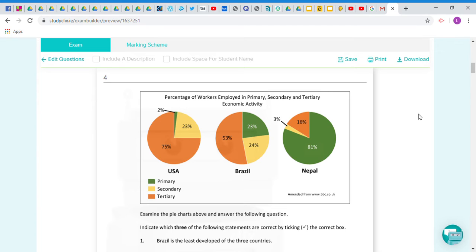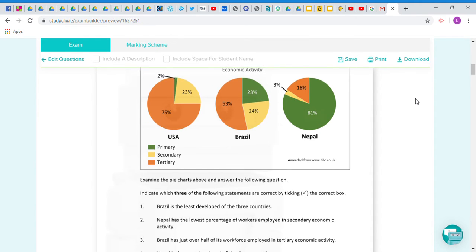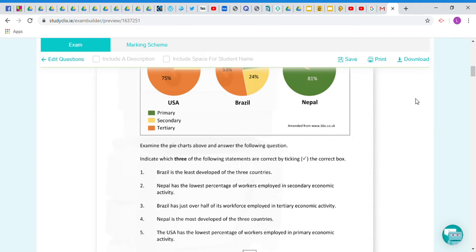Question 4. This is a nice one. So we have 3 graphs, pie charts rather, primary, secondary and tertiary, and we have a list of 5 different statements, and you are making sure that the statements match the graph. So indicate which 3 of the following statements are correct by ticking the correct answer.